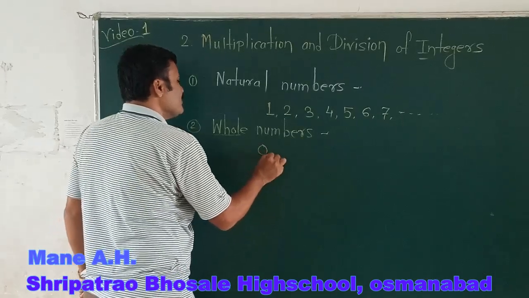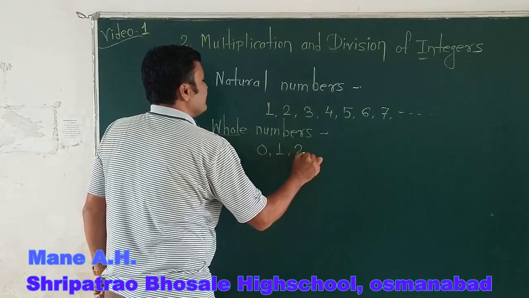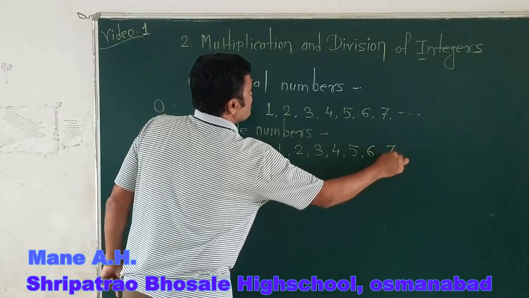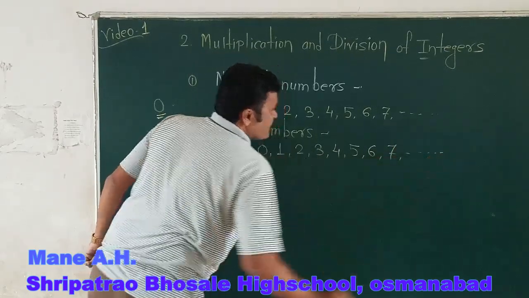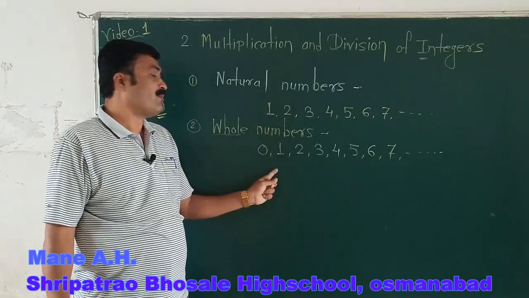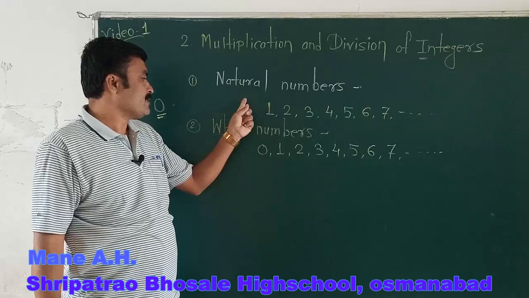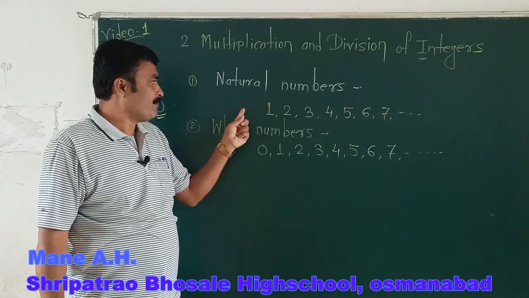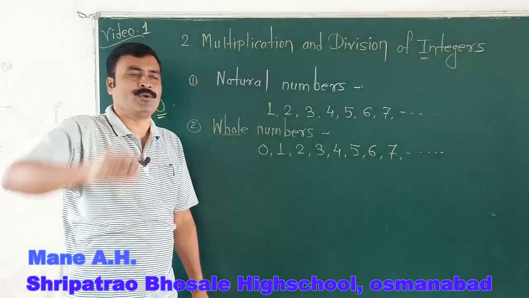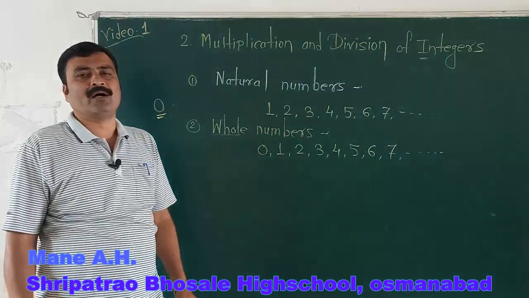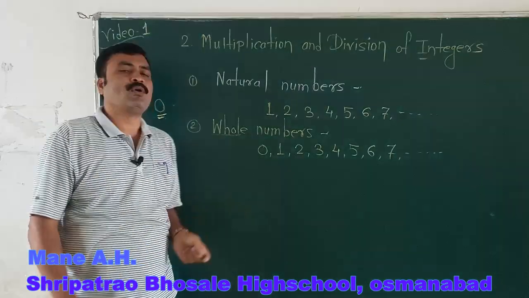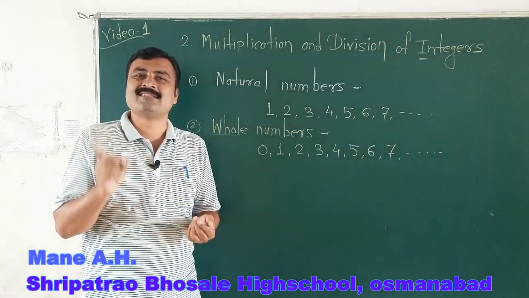Whole numbers start in this way: 0, 1, 2, 3, 4, 5, 6, 7, dash dash, and so on. So the difference between these first two groups, natural and whole numbers, is that natural numbers start from 1 and whole numbers start from 0. Now about whole numbers, again we make two statements. The first statement: the smallest whole number is 0.